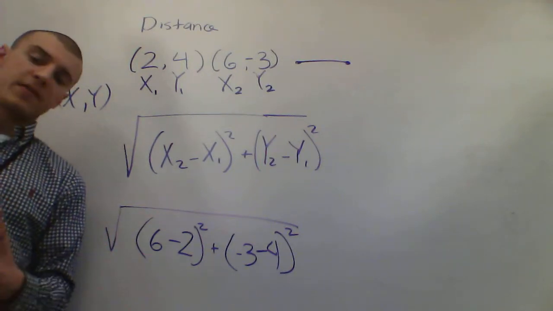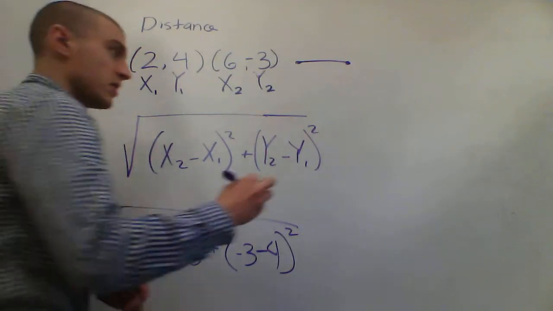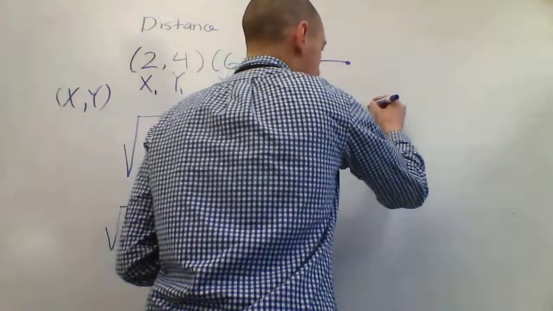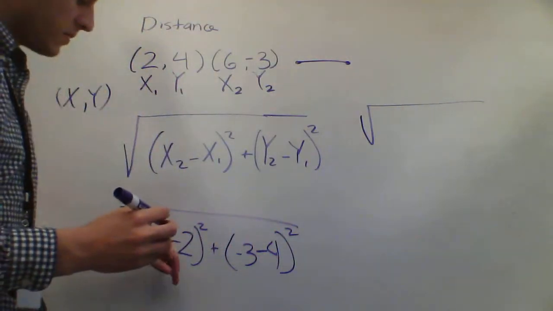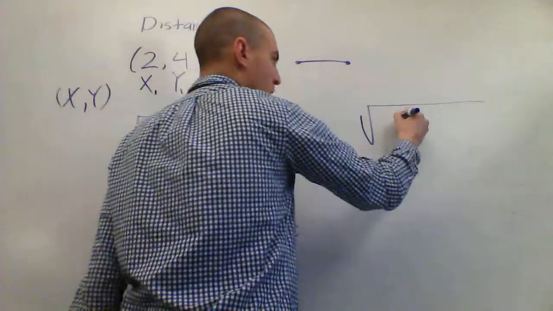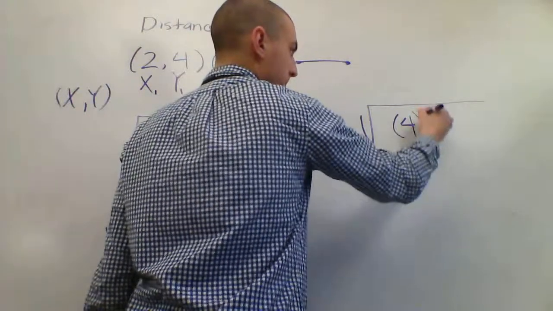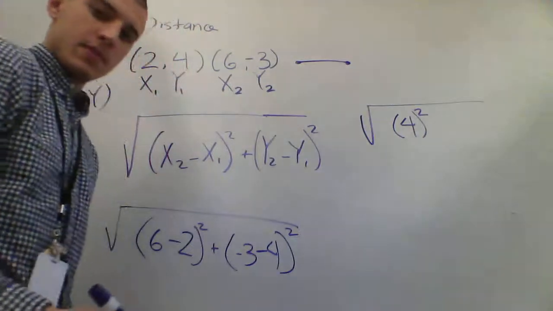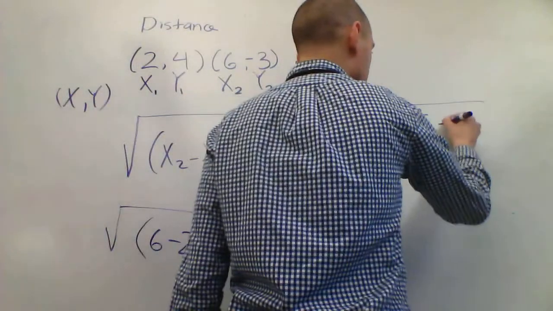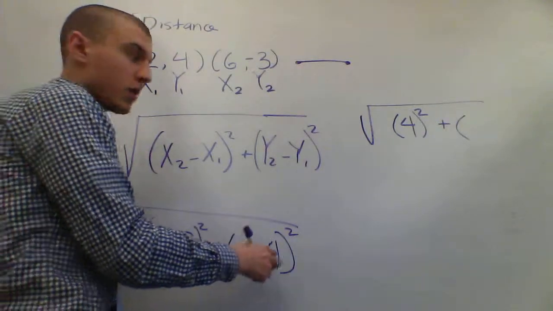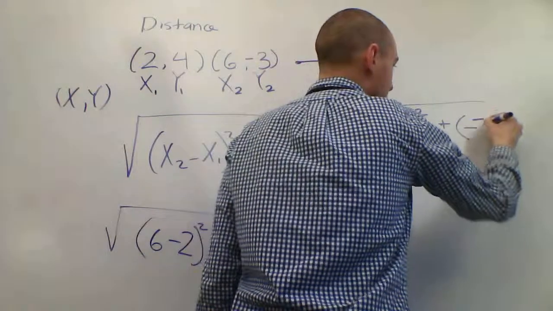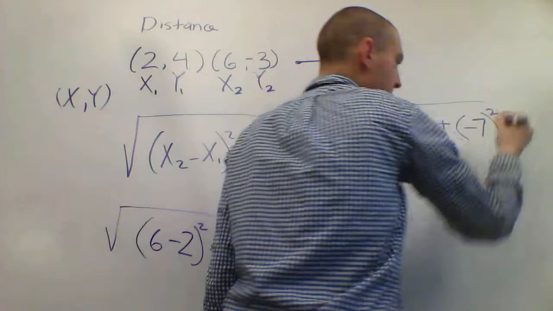So be careful of your math. I'm going to run through the rest of this. We have our square root over here. 6 minus 2 is 4 squared, plus, down here, -3 minus 4 is -7 squared.